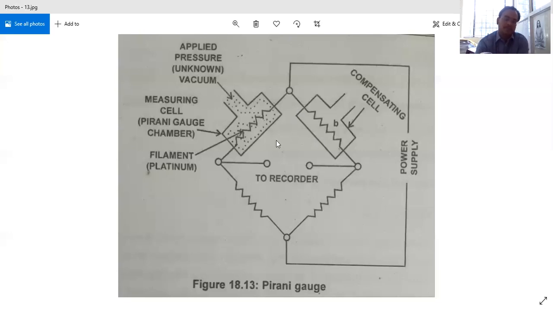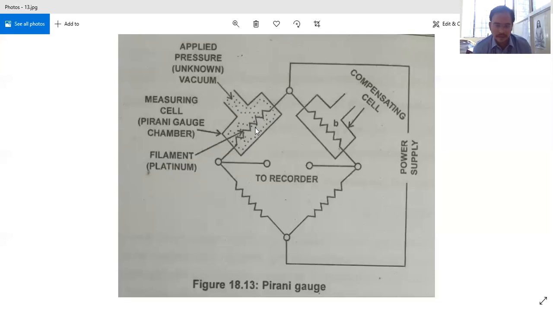Now coming to its operation. The Pirani gauge is subjected to the applied pressure, that is the unknown vacuum. The gas enters into the Pirani gauge chamber, where you have a conductor made up of platinum, bare and open to the gas.